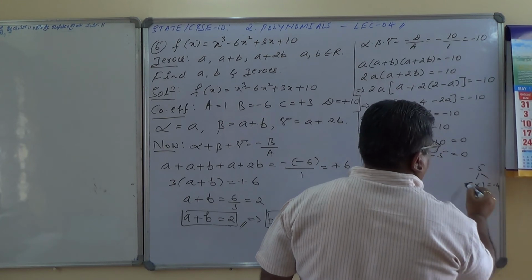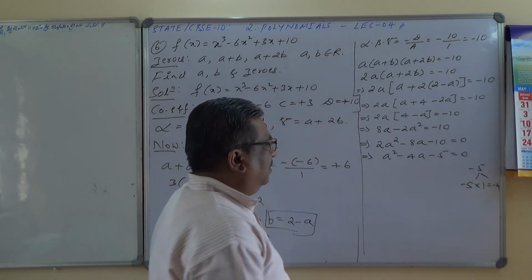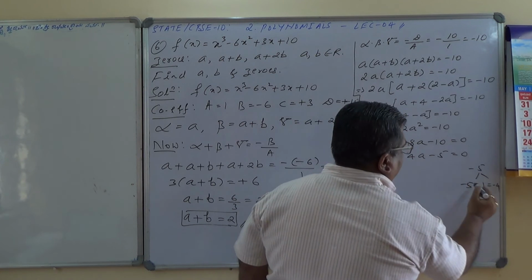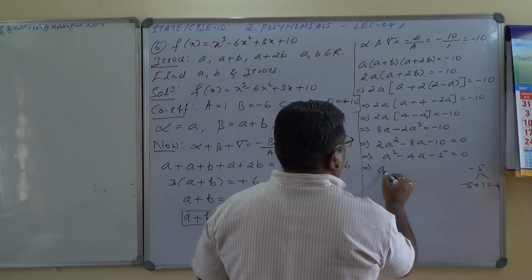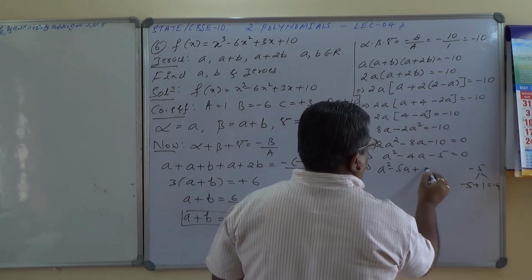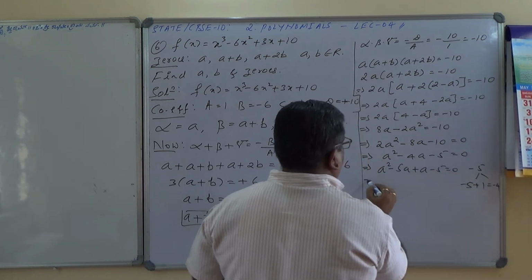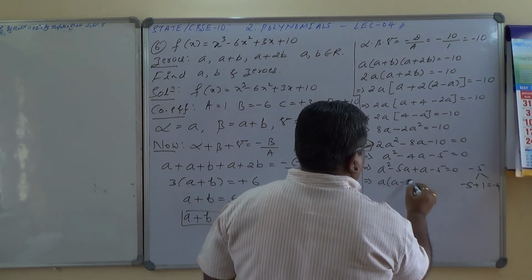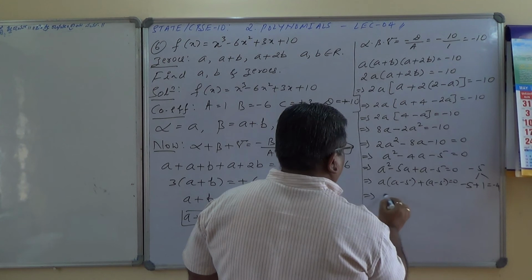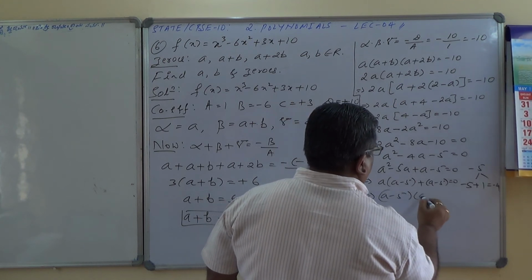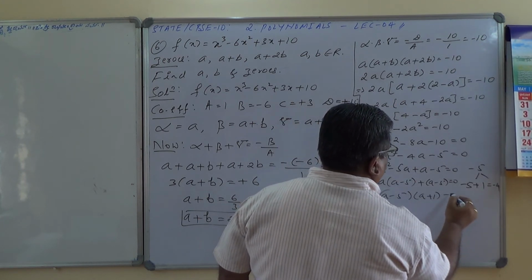I want minus 4a to be split into minus 5 and plus 1, 5 into 1 with a minus. Correct? Yeah, it is possible. Which equals a square minus 5a plus a minus 5 equals 0. a into (a minus 5) plus 1 into (a minus 5) equals 0, which implies a minus 5 into a plus 1 equals 0.